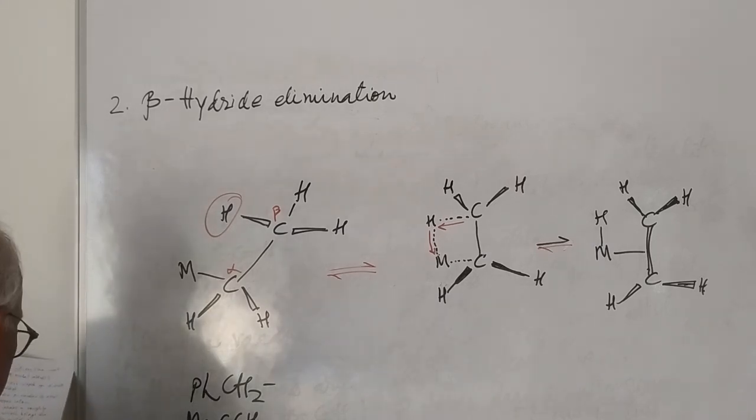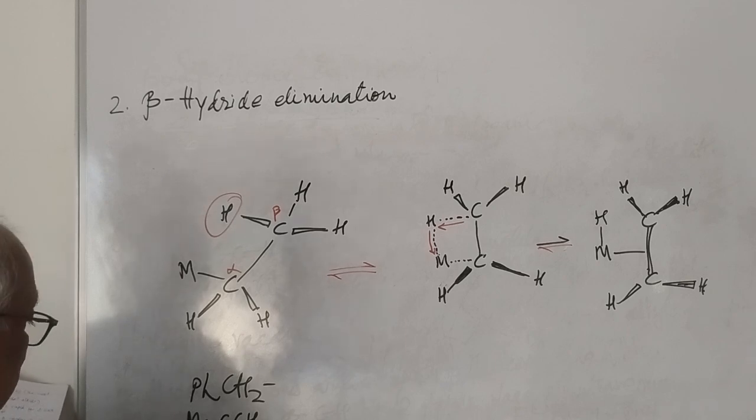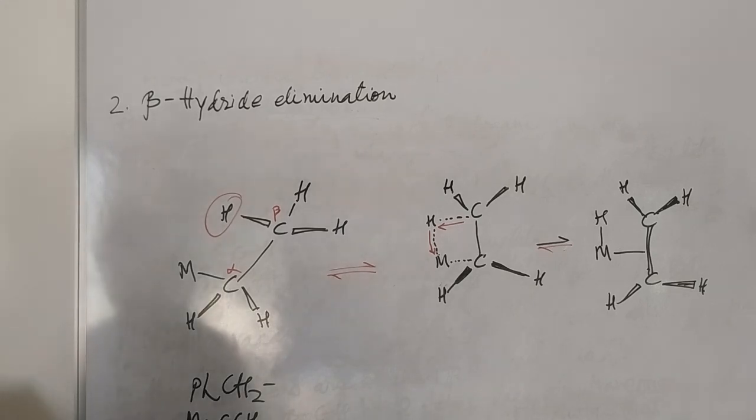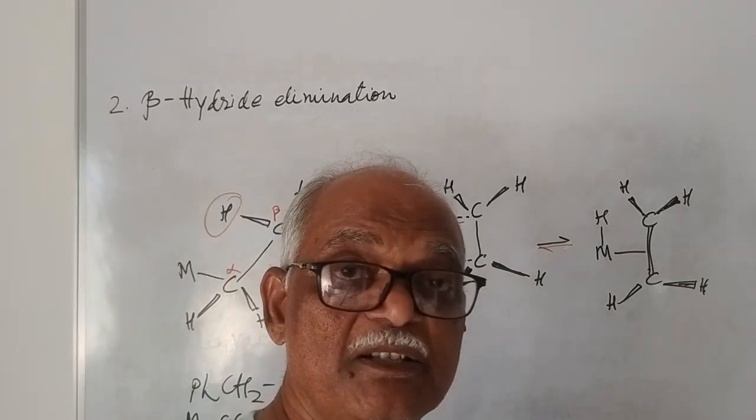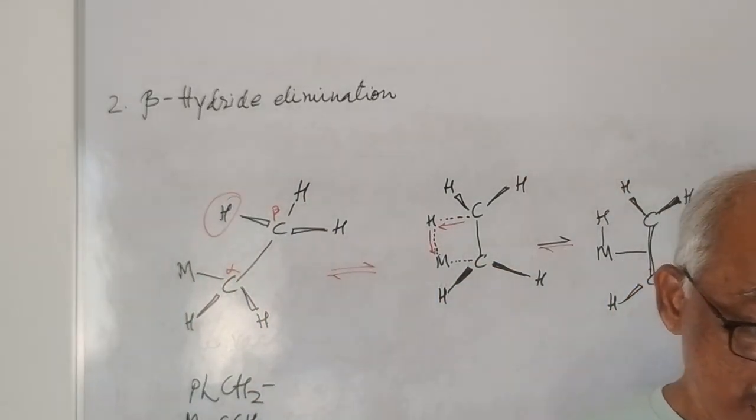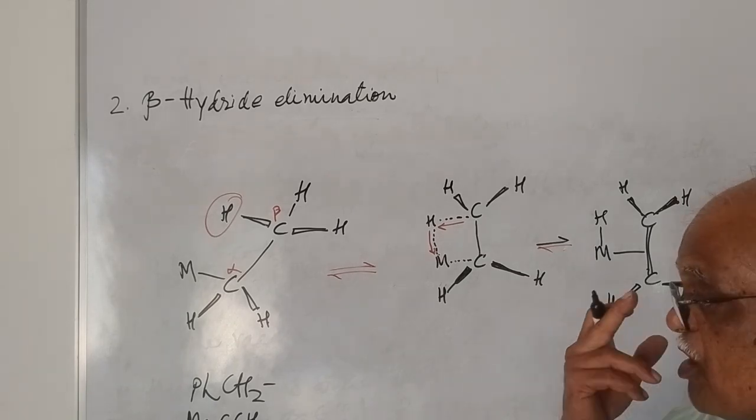Another example is Me3SiCH2. So this is also not having beta hydrogens.